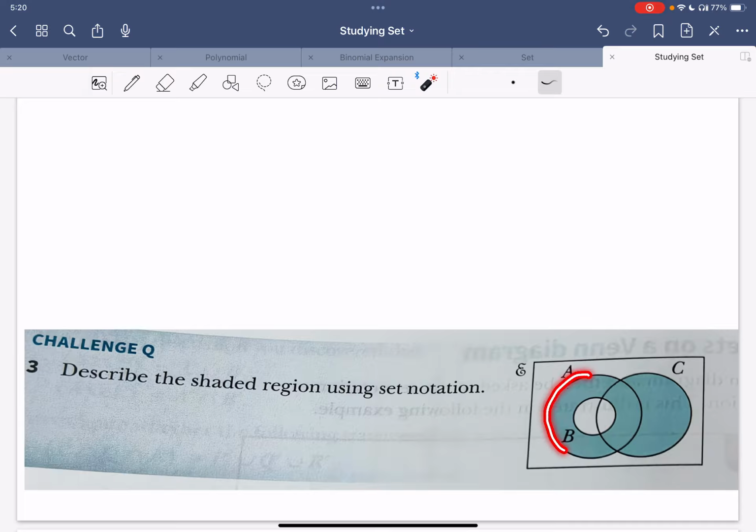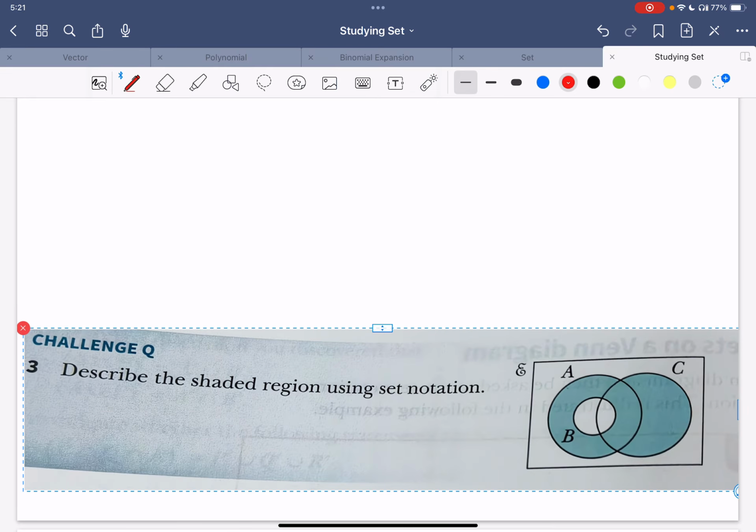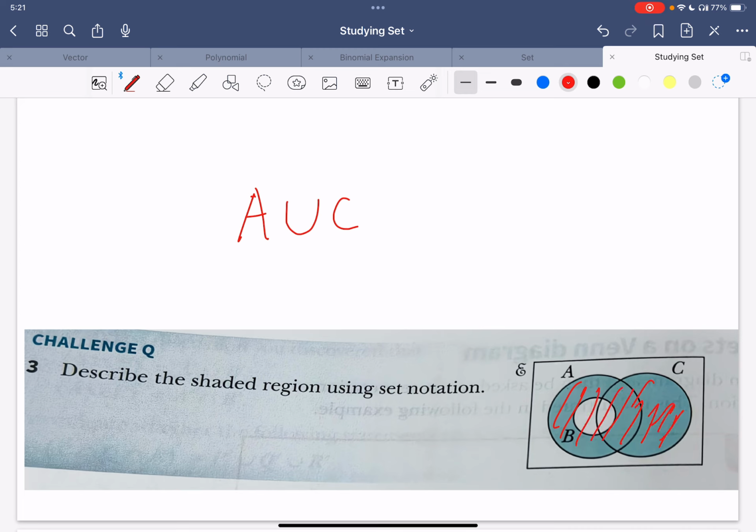It has the circle A and the circle C, but no circle B. So firstly, we can write A union C, right? A union C is all the areas within the two circles.